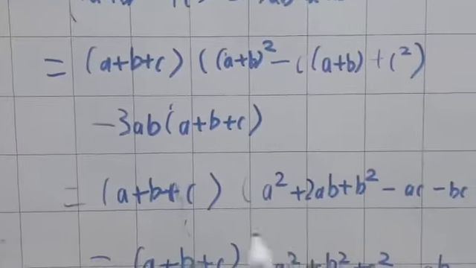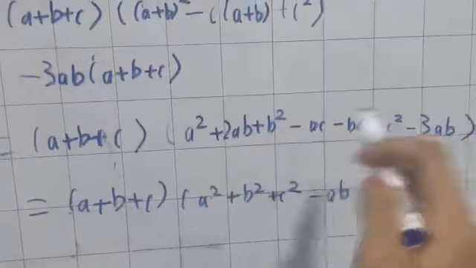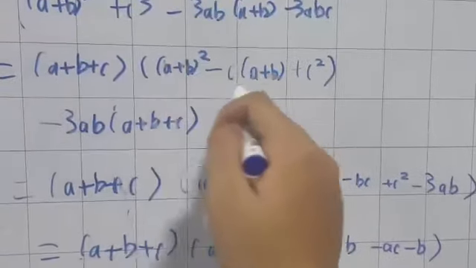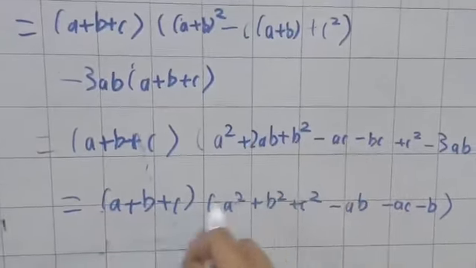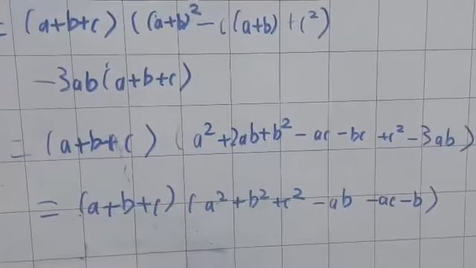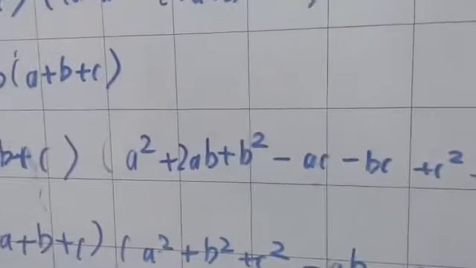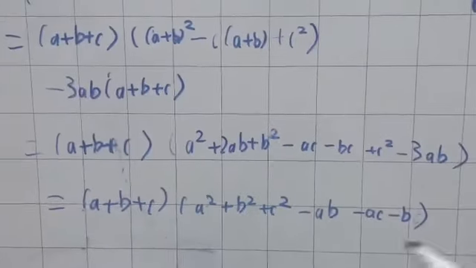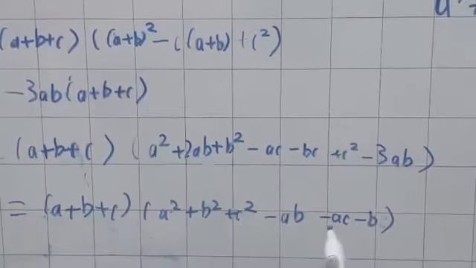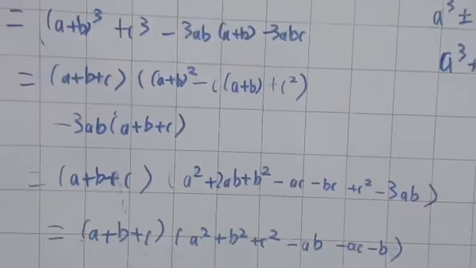You factorize (a plus b plus c) out, do a bit more simplification, and then you get this answer here. Oh, actually, plus c squared too, my bad. But it's actually a pretty nice answer, right? Look at this, it is very symmetrical, I would say. So that's how you solve it.